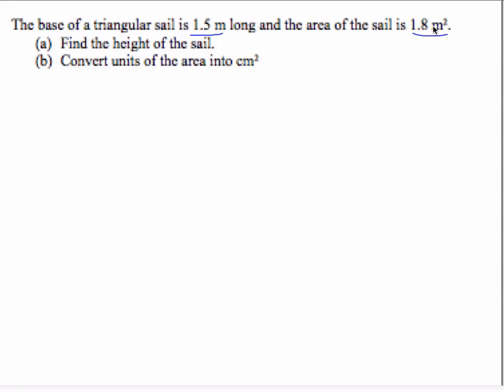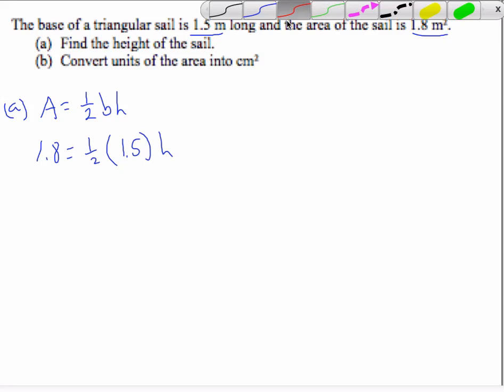The next example, we're given the base of a triangular sail is 1.5 meters long, and the area is 1.8 square meters. So we're talking about a triangle here, and we're given the area. We have to find the height. We need the area of a triangle formula, which is half base times height. The area is 1.8 and the base is 1.5, and we have to find the height, so we need to solve this equation. We can divide both sides by half, which is the same as multiplying by 2. So I'm going to multiply both sides by 2.